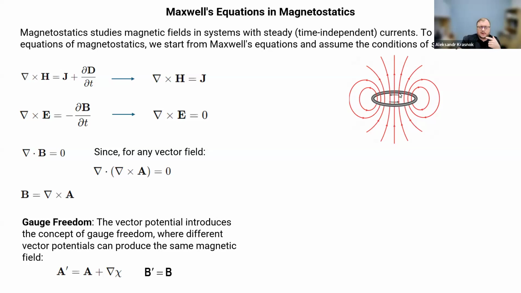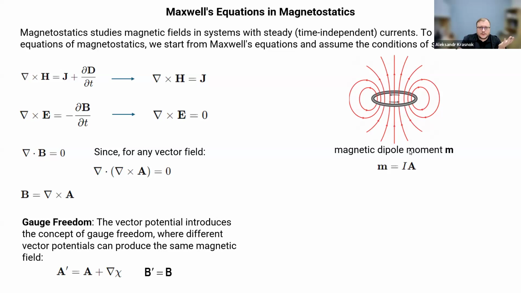This loop of current creates magnetic fields, and these lines of magnetic field are shown as the red field lines. How can we describe this system and its properties?